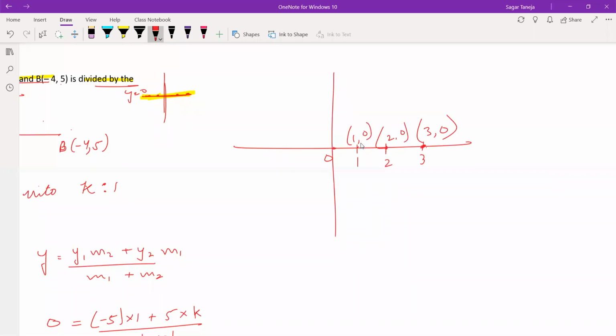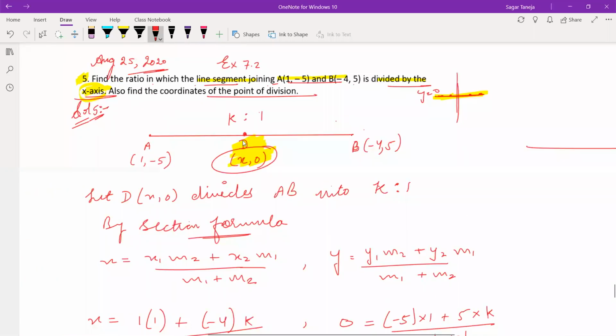So it means if a point is lying on the x-axis, it has a value of x, but the value of y is always 0. x can take any value, but y will be 0 every time. So that's why here we have assumed that the point D has coordinates x comma 0.